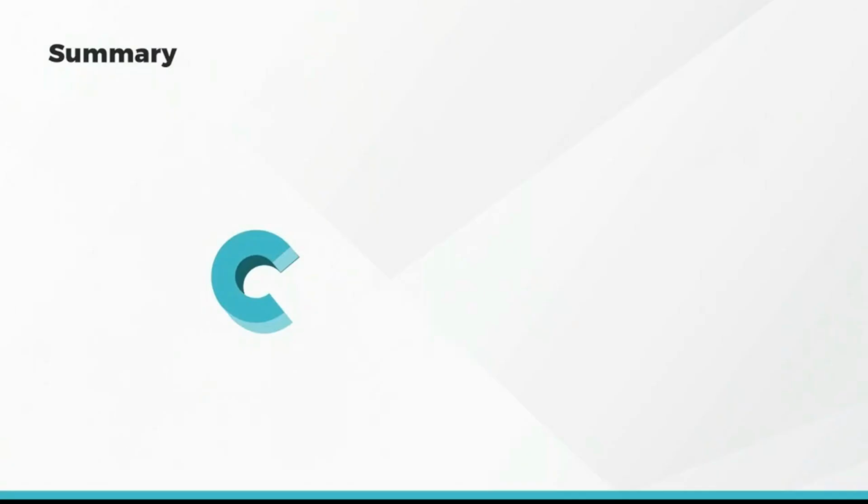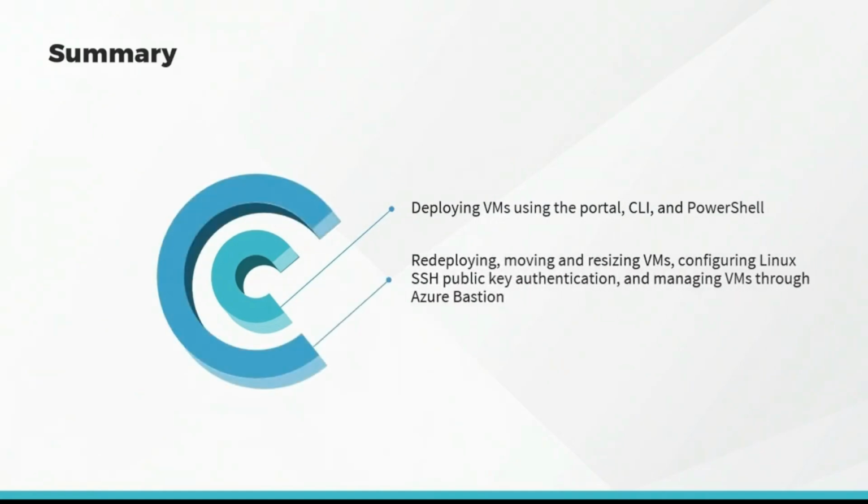So, in this course, we've examined how to deploy and configure Windows and Linux Azure-based virtual machines. We did this by exploring how to deploy VMs using the portal, the CLI, and PowerShell. We discussed how to redeploy, how to move, and how to resize virtual machines.